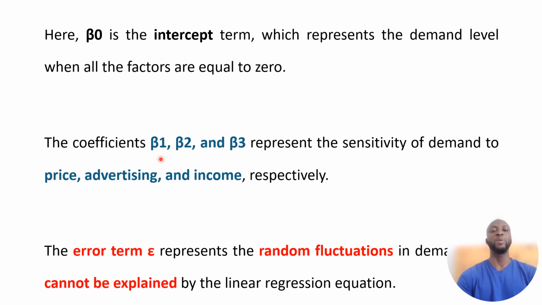The coefficients beta 1, beta 2, and beta 3, it could be more, beta 4, beta 5, depending on how your model is, represent the sensitivity of demand to price, advertising, and income, respectively. This is based on our model. And the last one, the error term, plus E, represents the random fluctuation in the demand equation which cannot be explained by the linear regression equation.